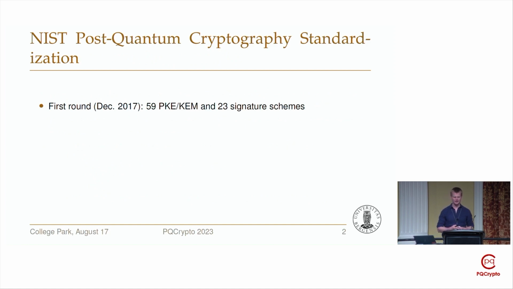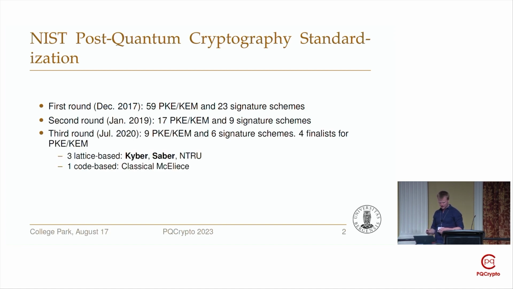So in the NIST post-quantum crypto process, we started out with a lot of schemes for encryption and signatures. And then we had a couple of rounds. At round 3, we had 9 schemes for encryption. 4 of these were finalists, and among these 3 were lattice-based.